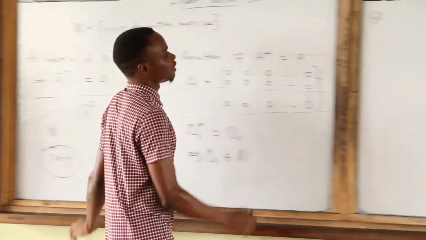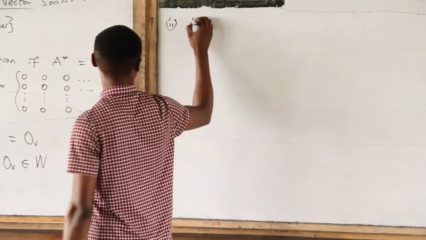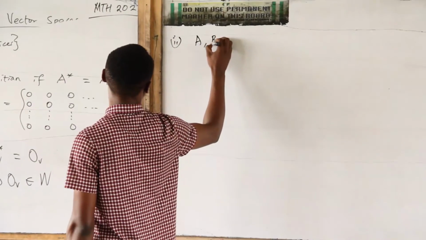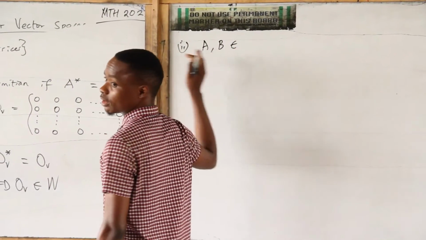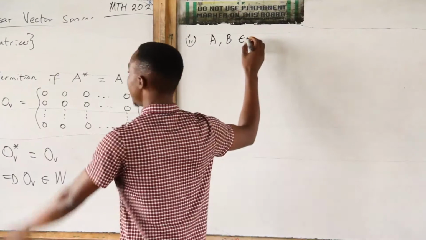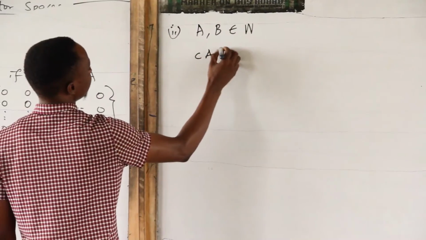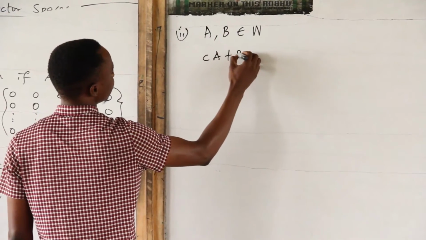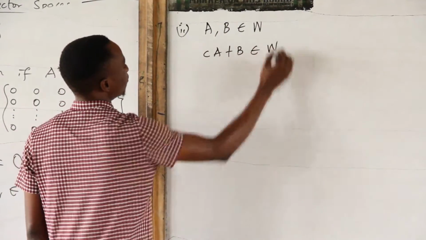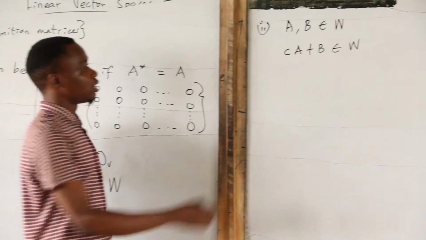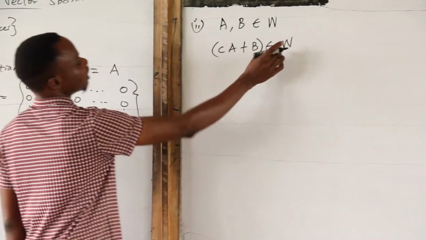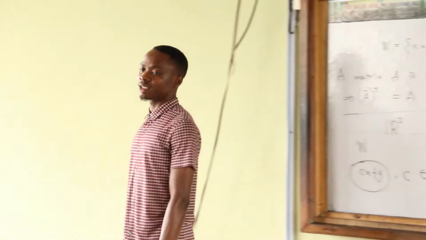For instance, here you can say that it holds for a particular matrix A, and then it holds for another matrix B. Is it clear? So if A, B are elements of W, you might want to check if CA plus B, do you understand that? Is an element of W. Is it making sense? That means you're multiplying this by this, and you want to find out if this is going to satisfy that example. Is it clear? Is it making sense?